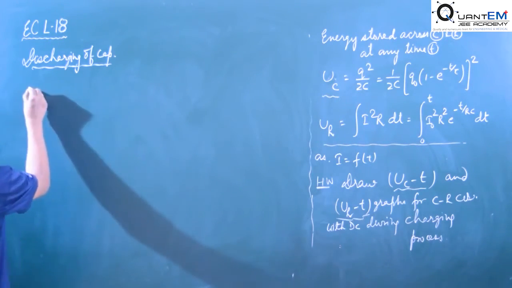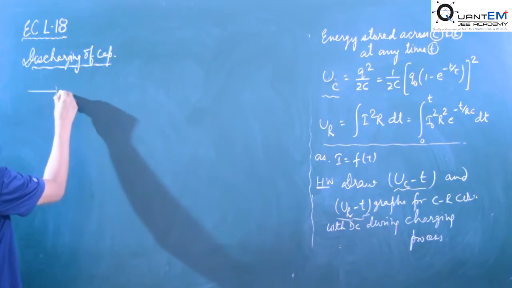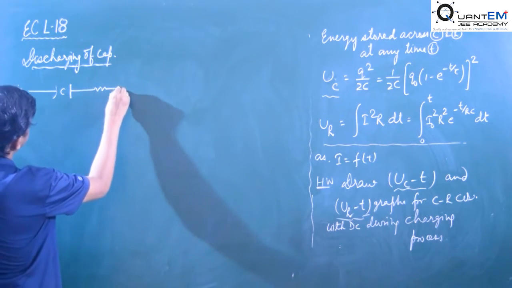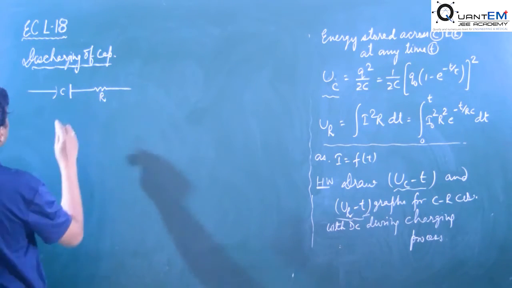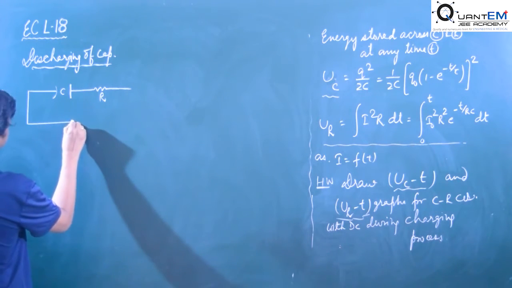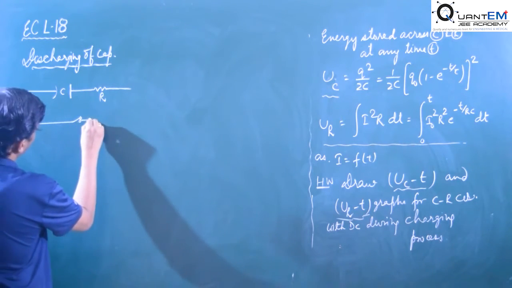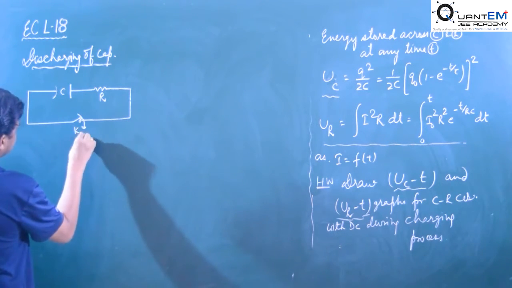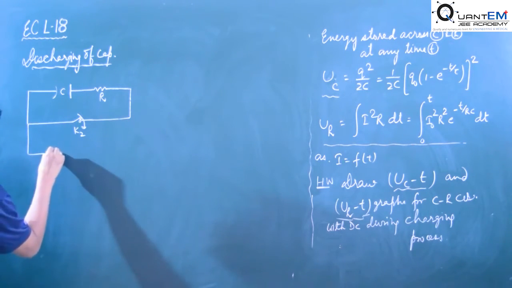Now what happens here? This one is the capacitor, and a resistor. Now K2 has been closed and K1 is opened.